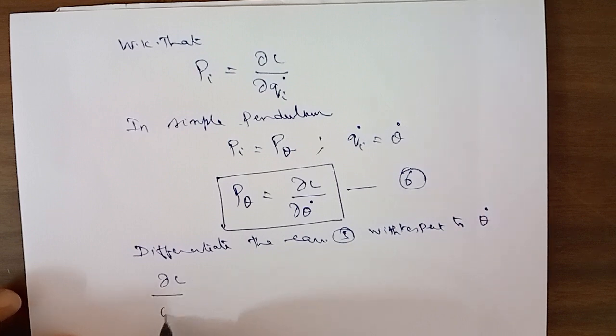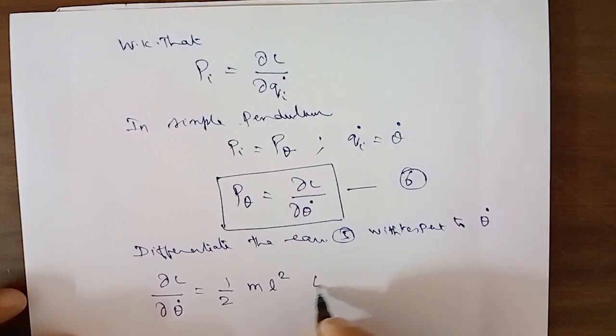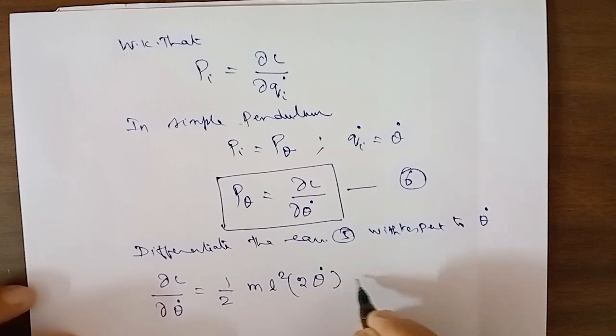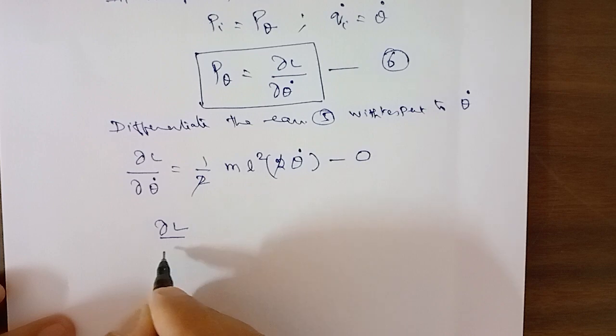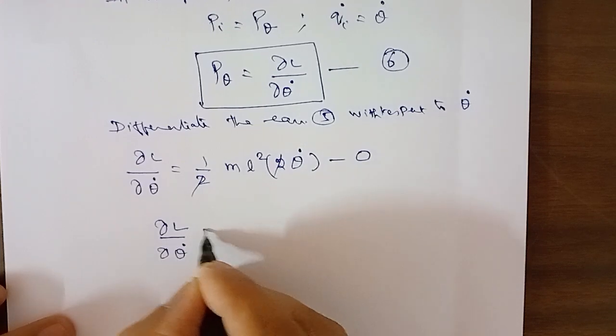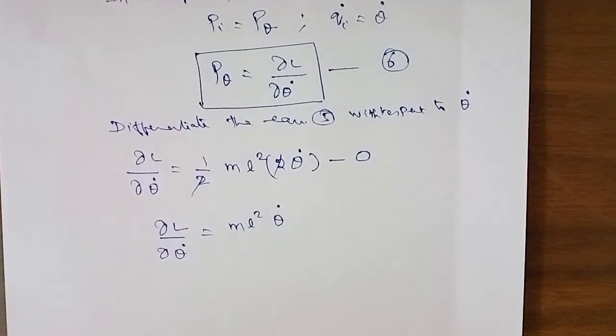Dou L by dou theta dot is equal to half into m L square into 2 theta dot. There is no theta dot term in the second term, therefore it becomes 0. The half and 2 cancel, so the remaining term is dou L by dou theta dot equal to m L square theta dot.